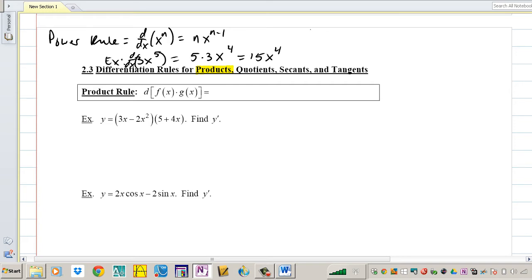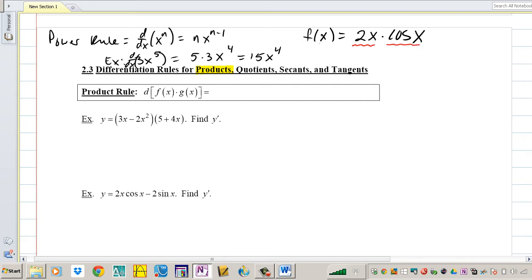In this video, we're going to be talking about how to take derivatives of functions that are being multiplied together. Let me give you an example. 2x times cosine x. Notice that these two are functions being multiplied.